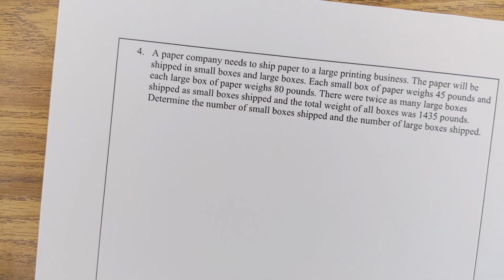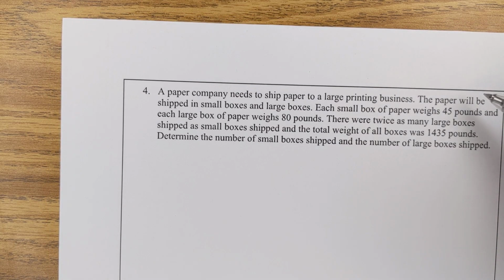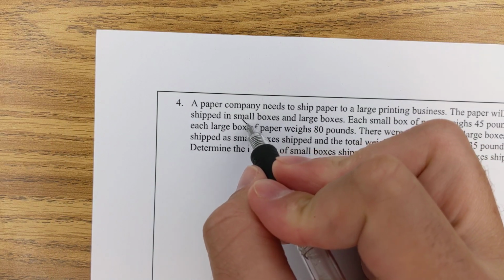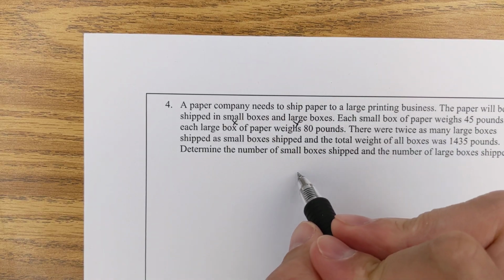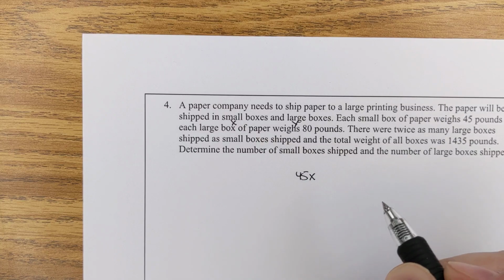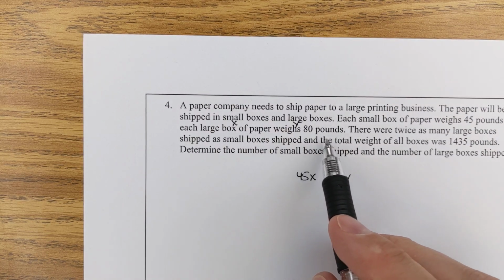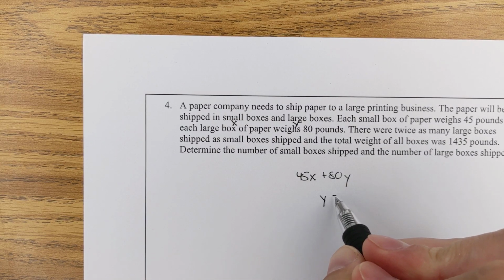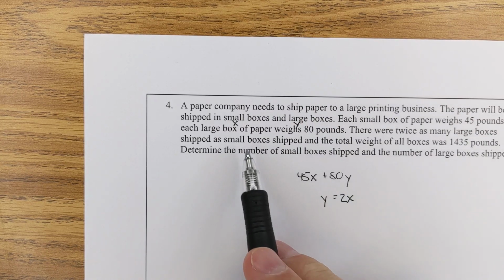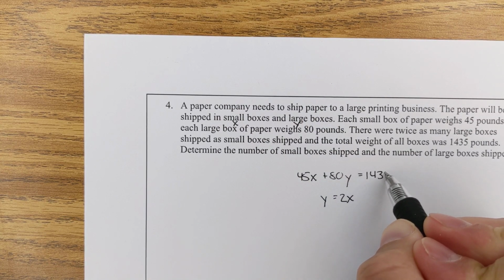All right, so number 4, a paper company needs to ship paper to a large business. The paper will be shipped in small boxes x and large boxes y. Each small box weighs 45, so that's an amount, so 45x. The large box weighs 80, so 80y. There were twice as many large boxes, so large is twice the small. And the total weight of all the boxes was 1435.